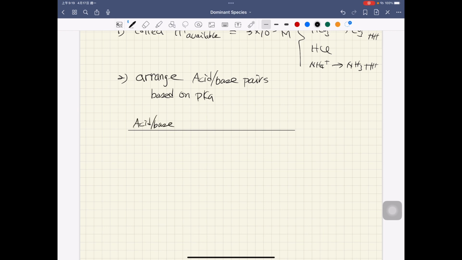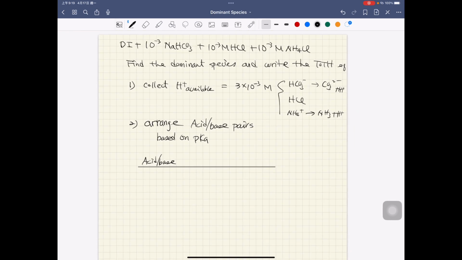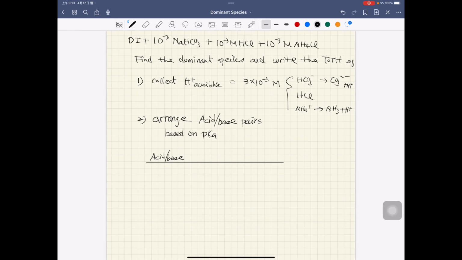Acid and base. So the first group will be which one? We have bicarbonate and carbonate. The pKa value is 10.33, right? And ammonium to ammonia, the pKa value is 9.35 or something.